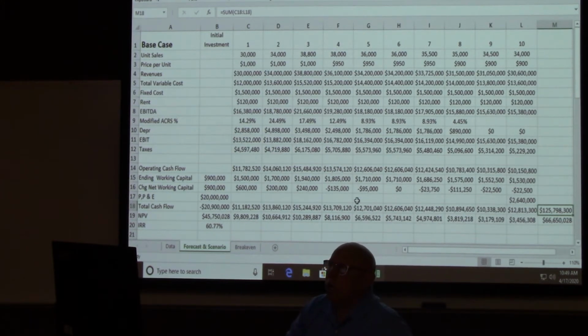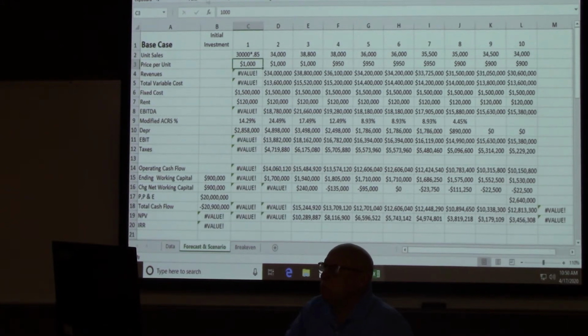So let's see what happens if we simply change our unit sales by taking them down by 15%. So we're going to multiply this times 0.85. Oops. Got to put equals there.